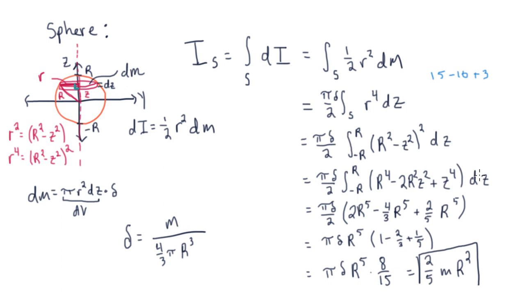And so the sphere has a smaller moment of inertia because more of the mass is closer to the center of mass. And because of that property, the sphere is going to rotate quicker with the same amount of torque applied. And so you will expect the sphere to roll down the hill faster than the cylinder.